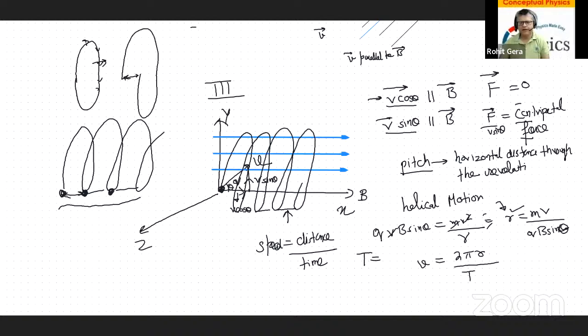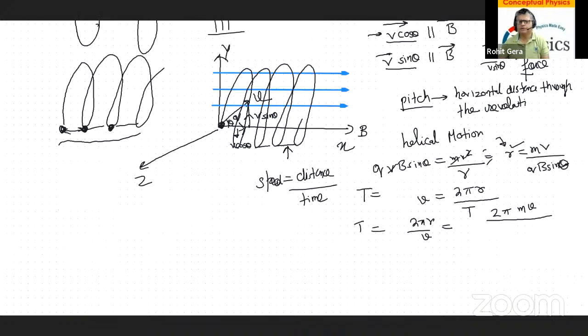So time period is equal to 2 pi r by v is equal to 2 pi mv by QB sin theta, v. ये r की वैल्यू डालिए बस. So time period भी आपका निकल आया. Got it? So this is the way you will find the time period of the revolution.